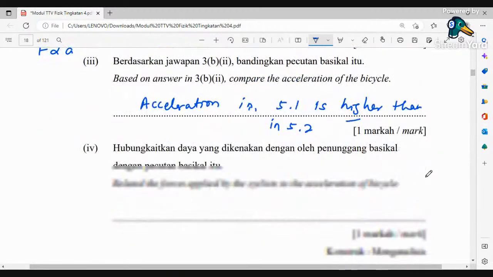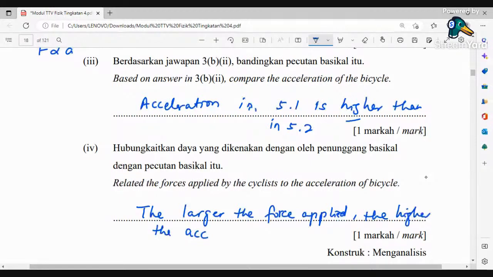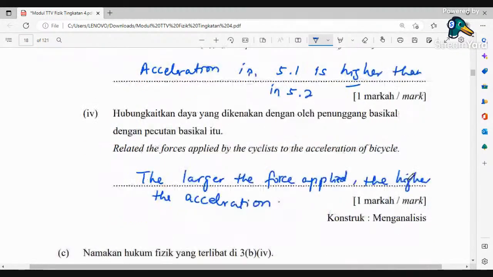Okay, jadi tulis the larger the force applied, tulis pun tak apa, the higher the acceleration.